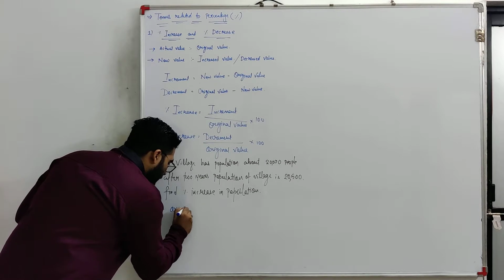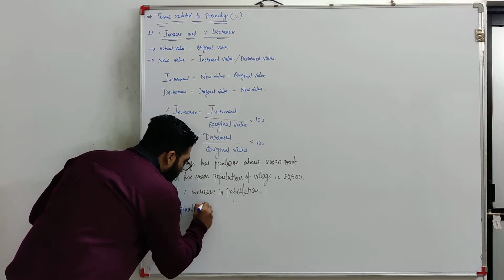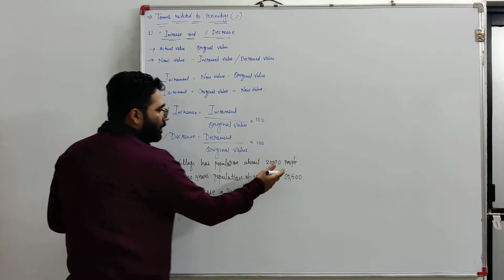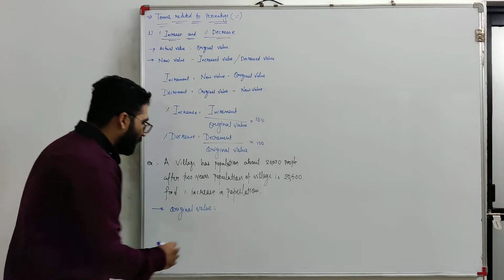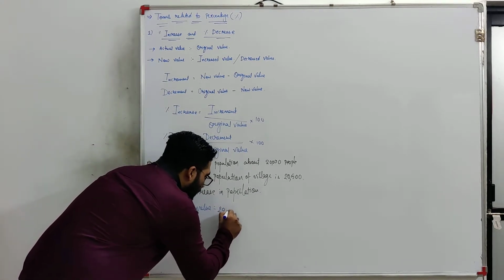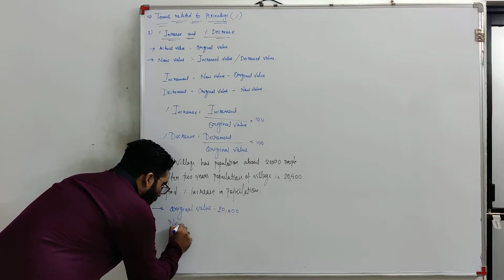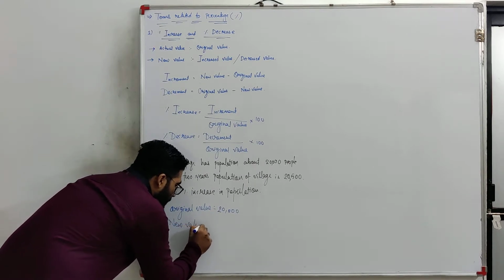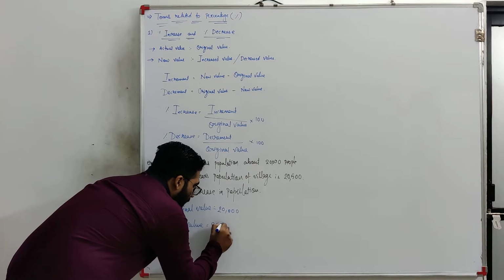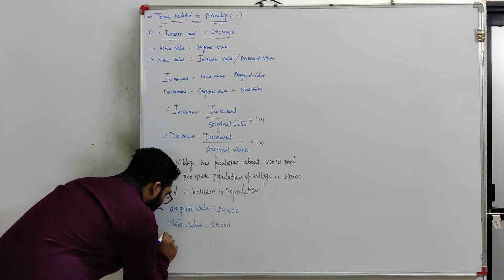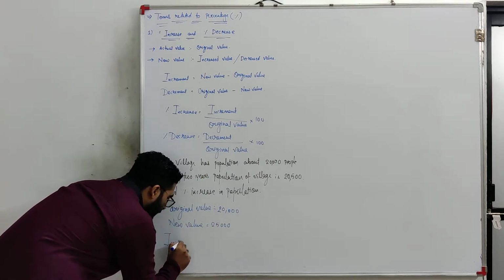To find such a question, first, what is my original value? The original value is the population that was previously present, which is 20,000, and the new value is 20,500. Sorry, not 25,000, it is 20,500. So how much increment occurred?